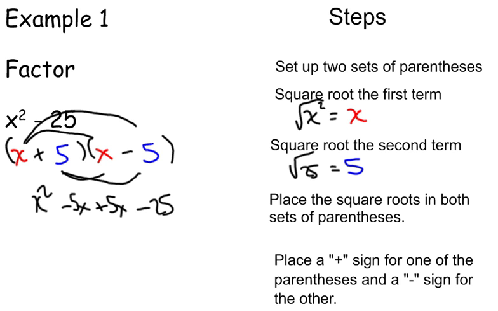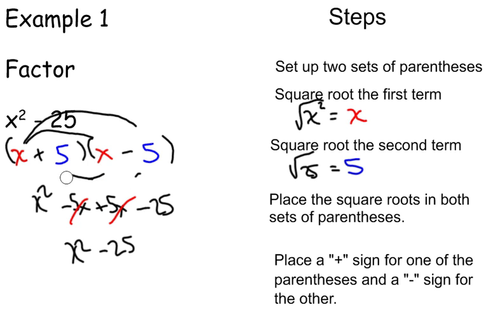You're going to notice that the middle terms cancel out, and you're left with x squared minus 25, which was the original. All right? But that was just a check.